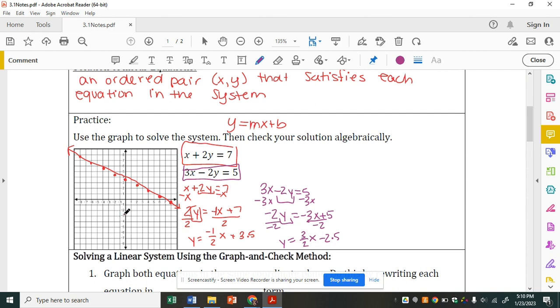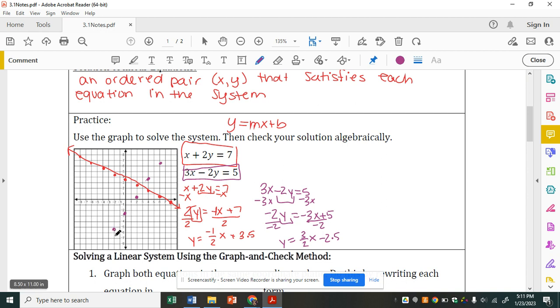So I'm going to graph my y-intercept at negative 2.5. And then with my slope as 3 halves, I'm going to count up 1, 2, 3 and to the right 2. And again, I'm not stopping until I reach the very edge of the graph, because I don't want to miss where my solution would be.